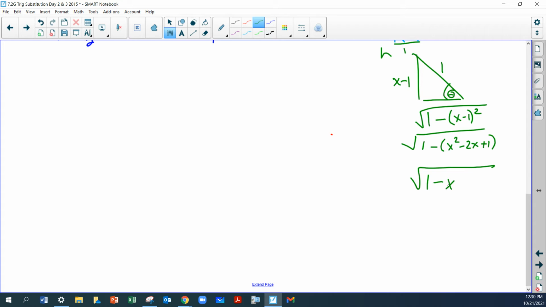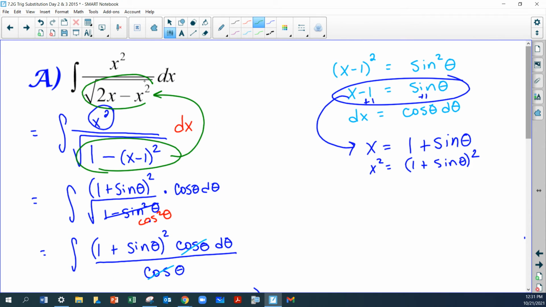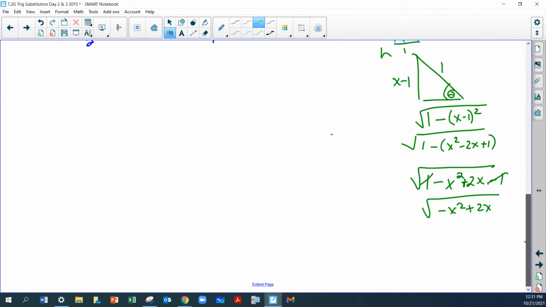Just trying to show you how this comes back to the original quantity. Negative, positive, negative 1. All right, the 1s are out of there. So this really truly is negative x squared plus 2x, which I believe is what was in our original problem.